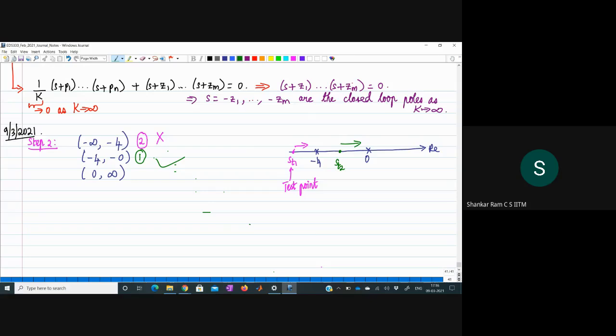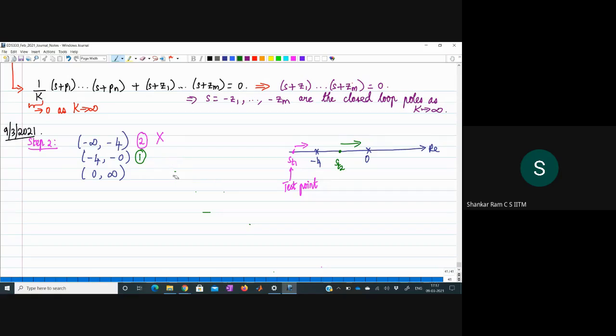So there are no real open loop poles and open loop zeros to the right of a test point in the region 0 to infinity. Consequently, the region 0 to infinity does not lie on the root locus.